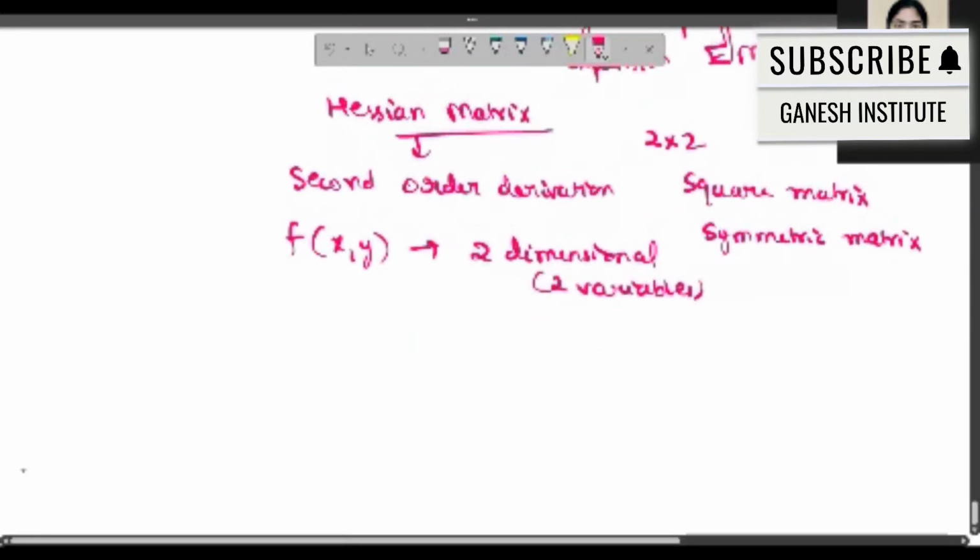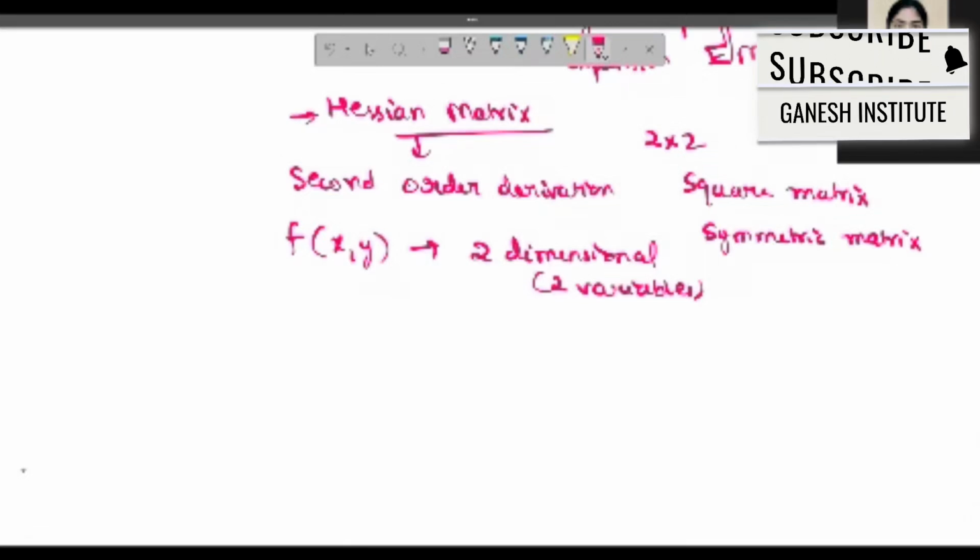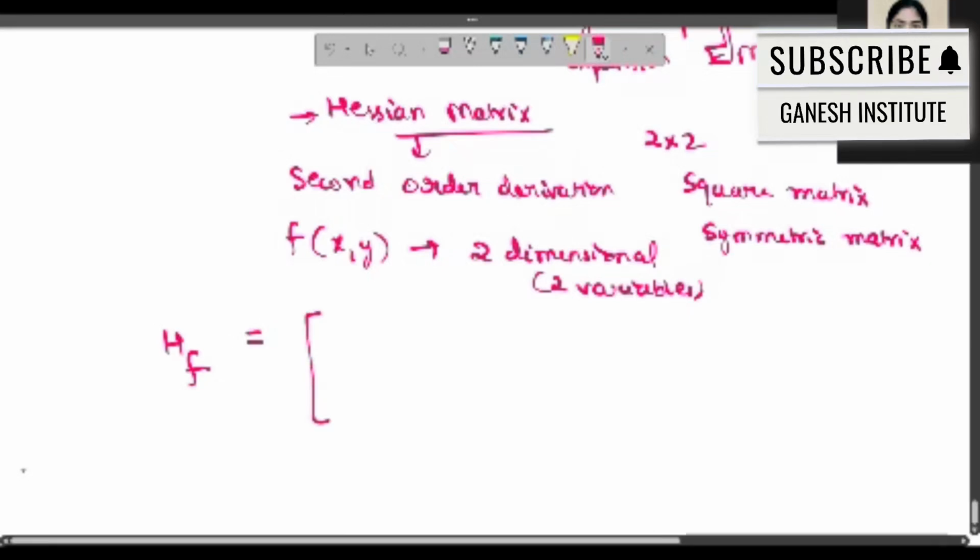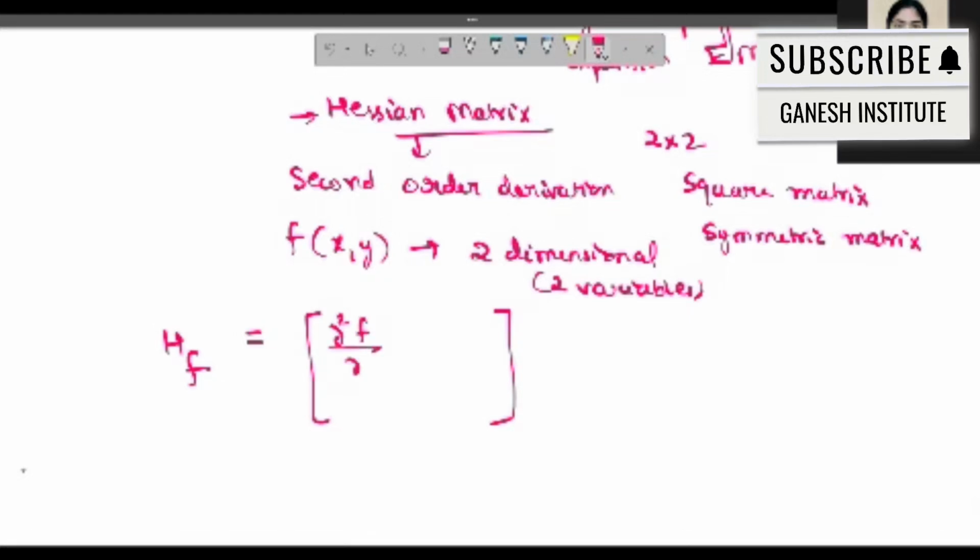Again, we are going to talk about, based on this Hessian matrix, what can be the condition for positive definite and all those things. This Hessian matrix for a function f is basically the double order partial derivative of f with respect to x.